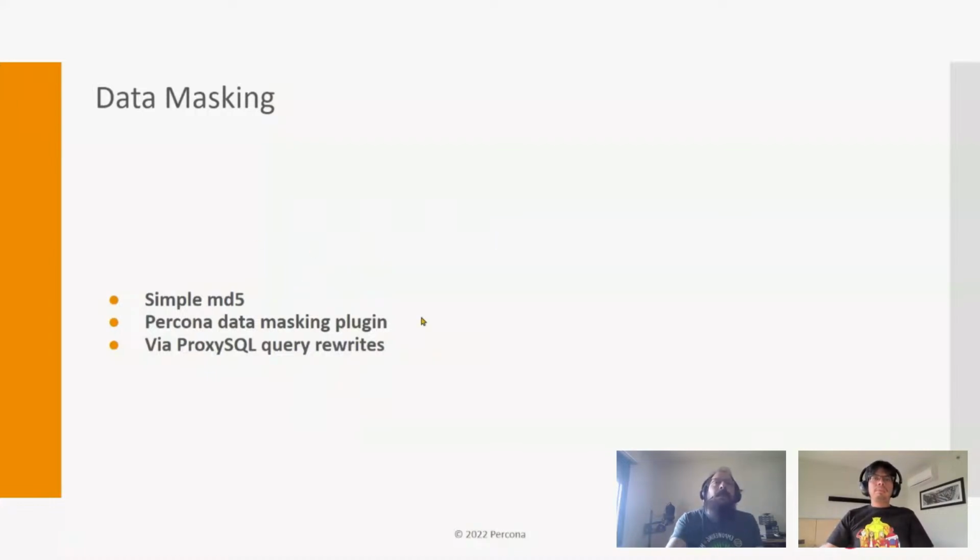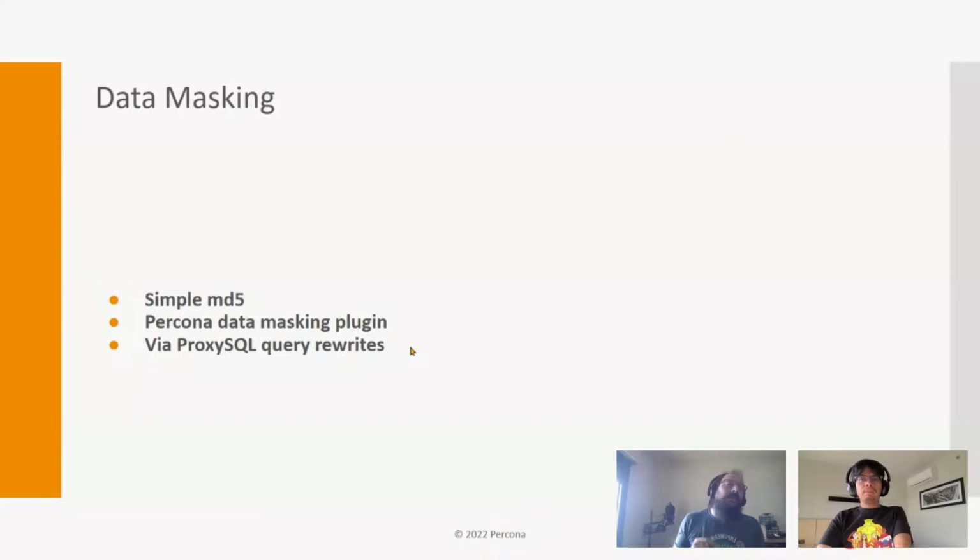Percona has a data masking plugin, and it has some functions to convert a credit card number to just the last 4 digits, or to convert an email address to a fake email address. That kind of rewrite is also very easy to do via ProxySQL, where for the sensitive tables you can intercept the mysqldump queries and rewrite them so they apply the data masking.